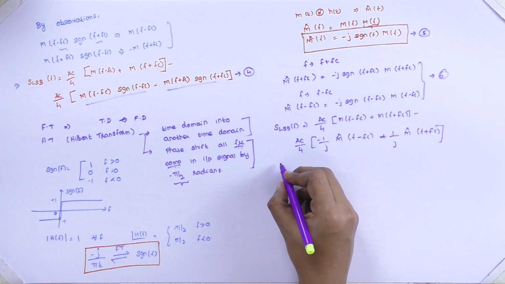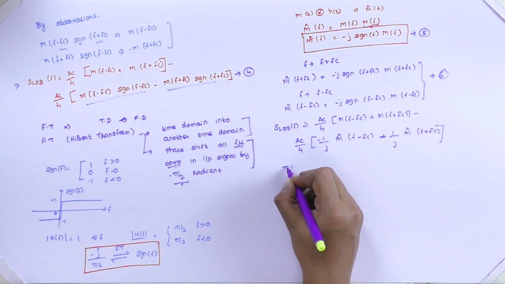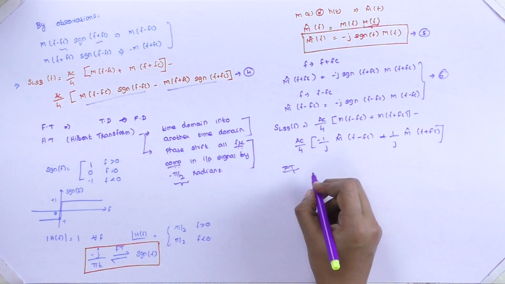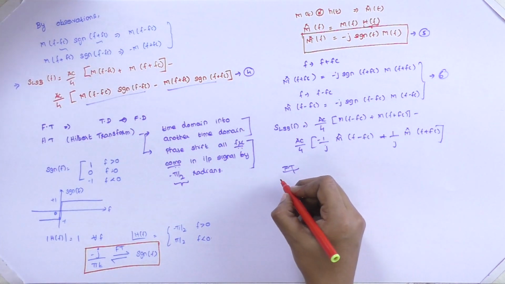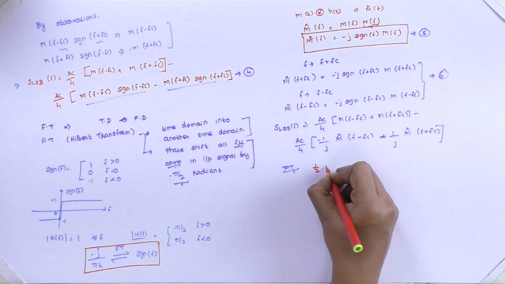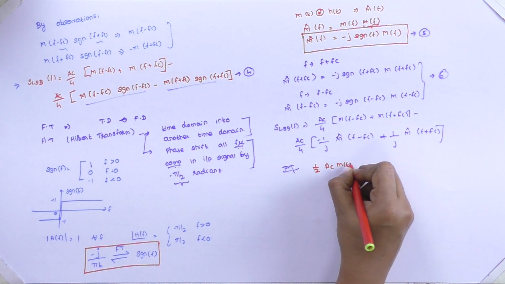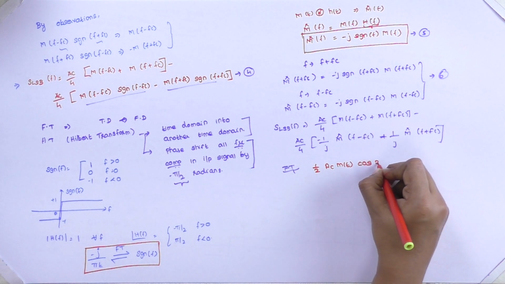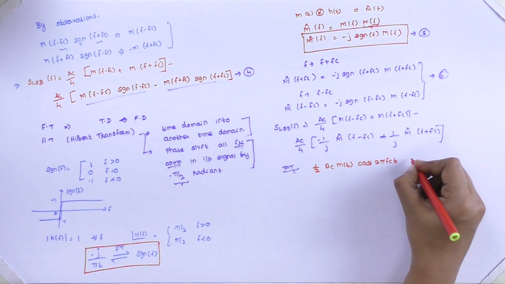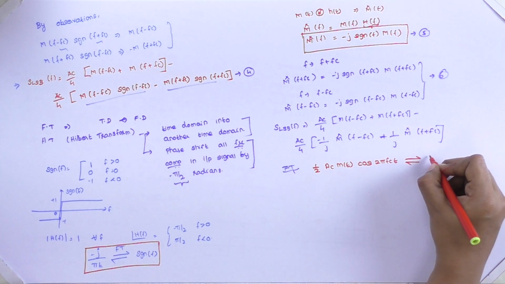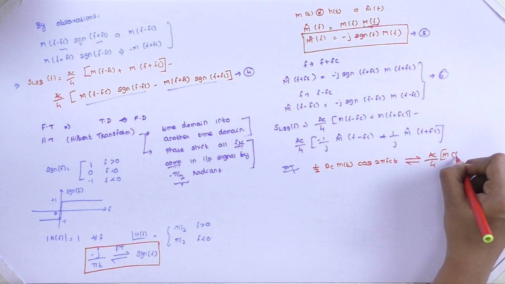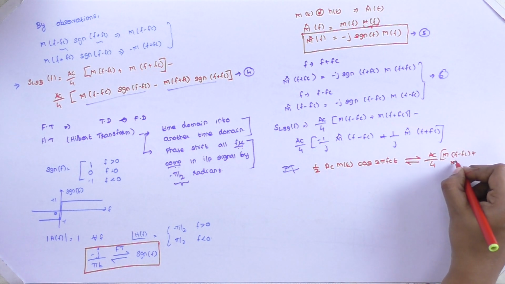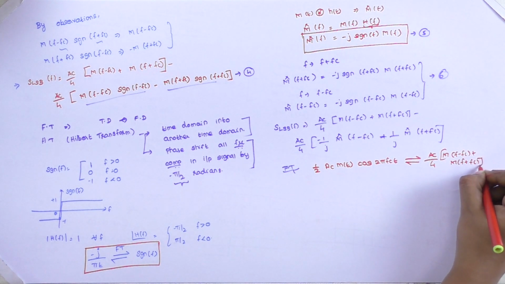So, we know that the Fourier transform for the cosine function and the message function, that is 1 by 2 AC m of t cos 2 pi fct, will become AC by 4 into m of f minus fc plus m of f plus fc.